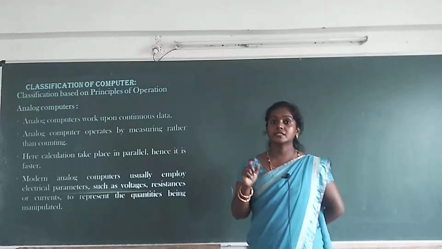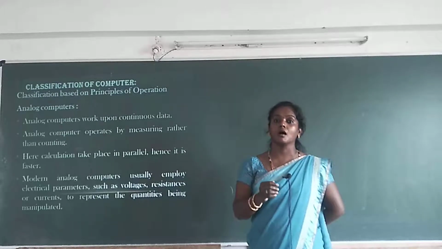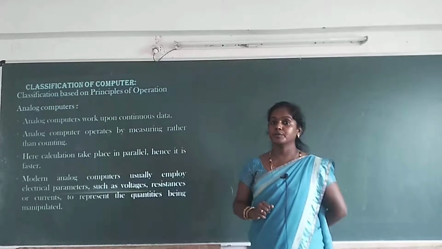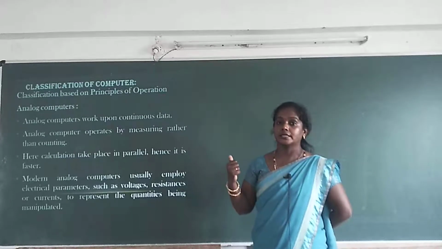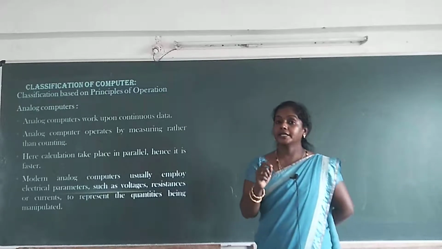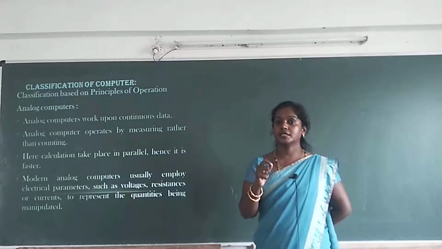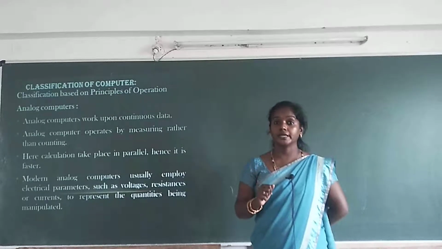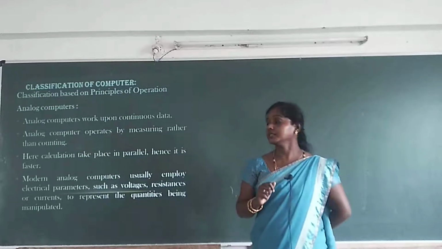We will be having these numbers, that is discontinuous. But in an analog clock, it is continuous. The analog computers work on this type of data which is continuous, and it majorly focuses on measuring the data, not counting the data.